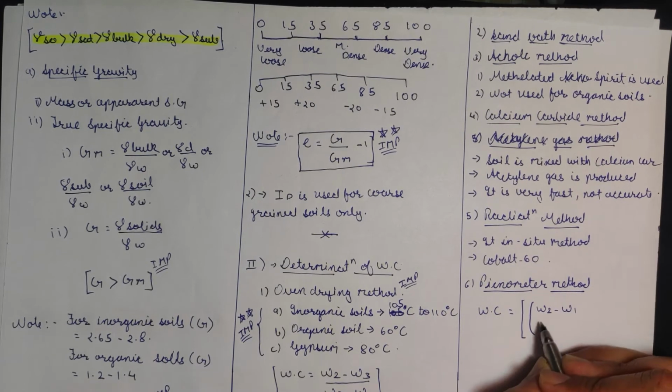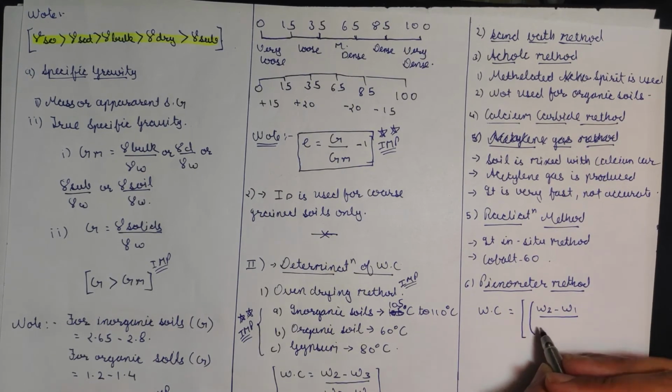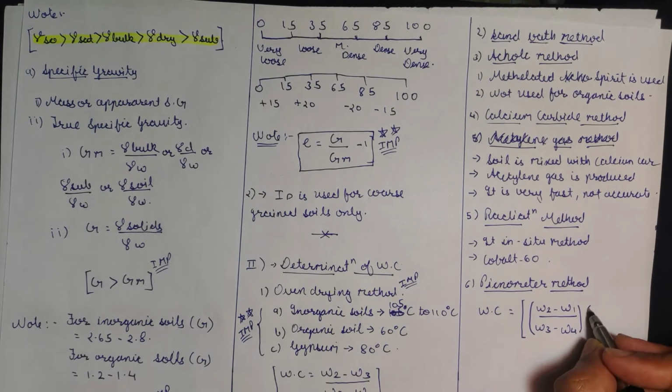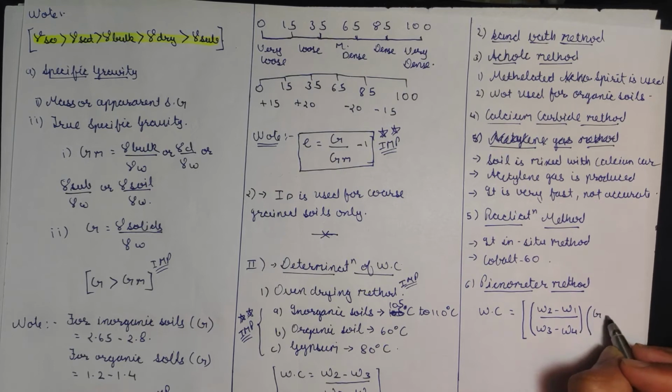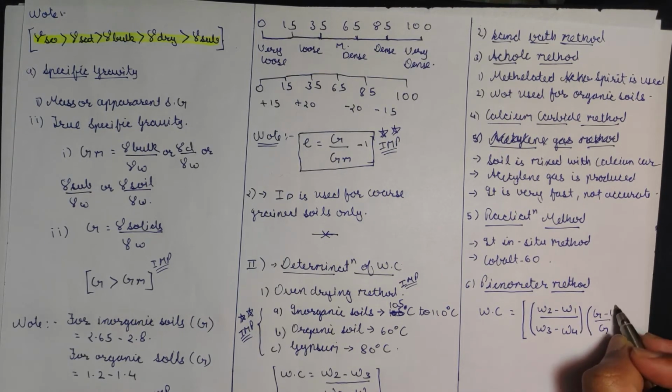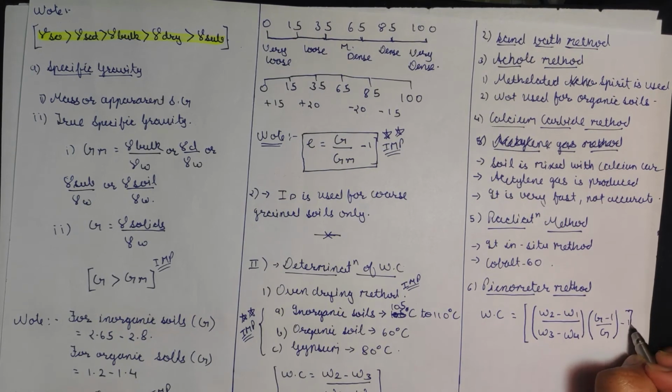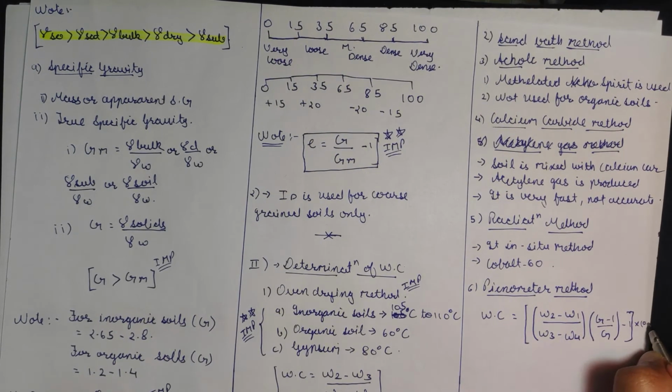(W2 minus W1) upon (W3 minus W4), times (G minus 1) upon G, minus 1, times 100.